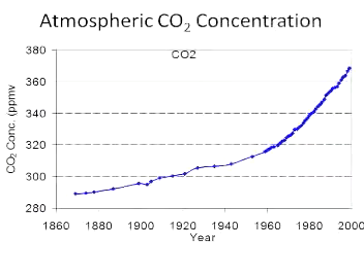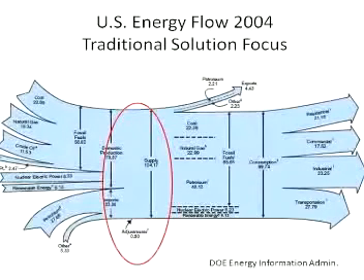And what we need to do then is start thinking about some solutions for the problem of energy. And the traditional solution focus is shown here on the next slide, which shows really the flows of energy. These are the energy inputs on the left-hand side here, coal, natural gas, and the like. This is from the Energy Information Agency.